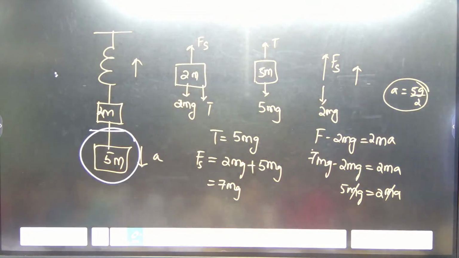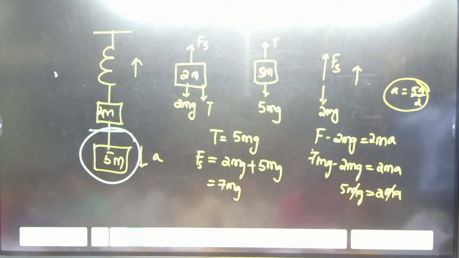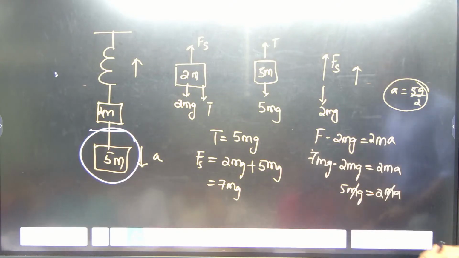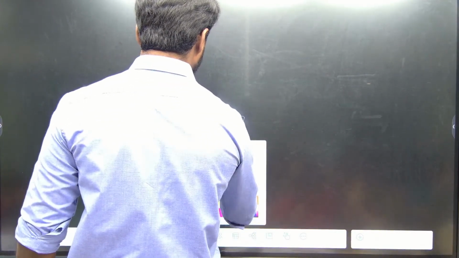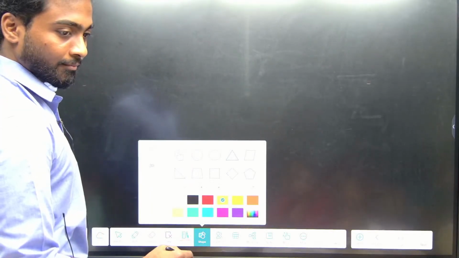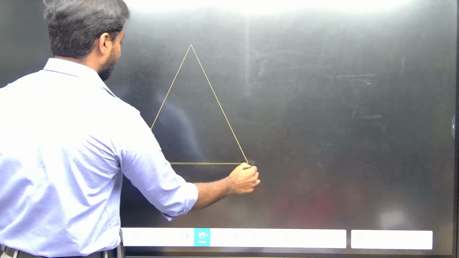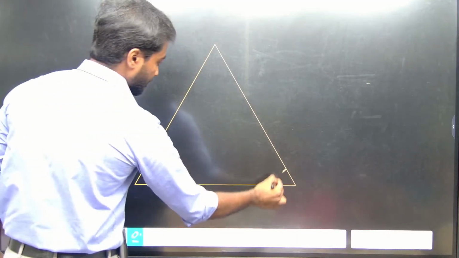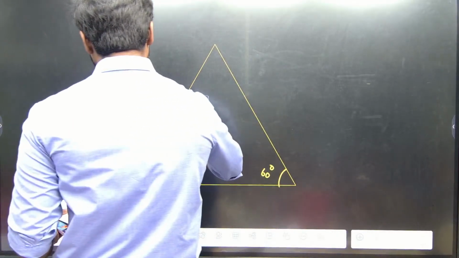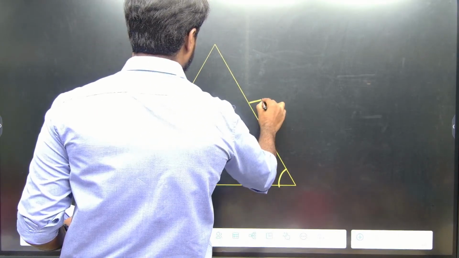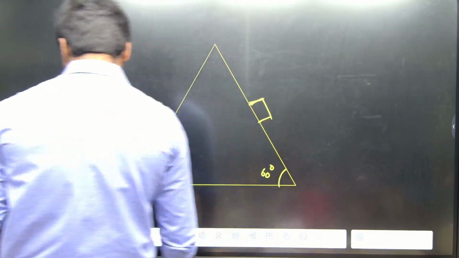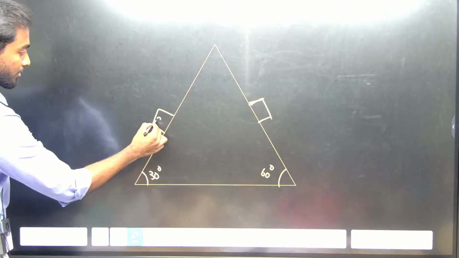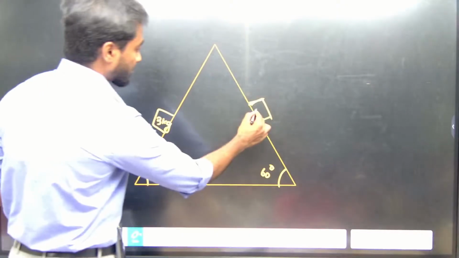So page number 40, question number 13. M1 is given as 3 kg and M2 is given as 5 kg.